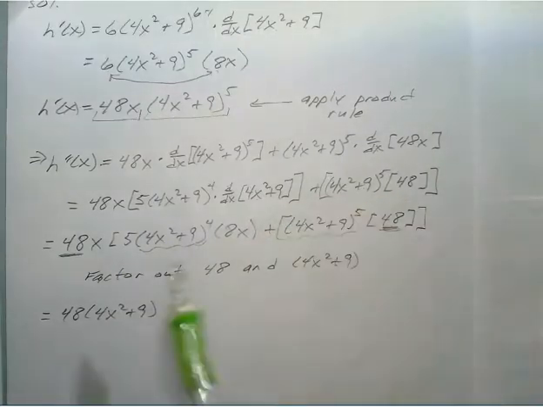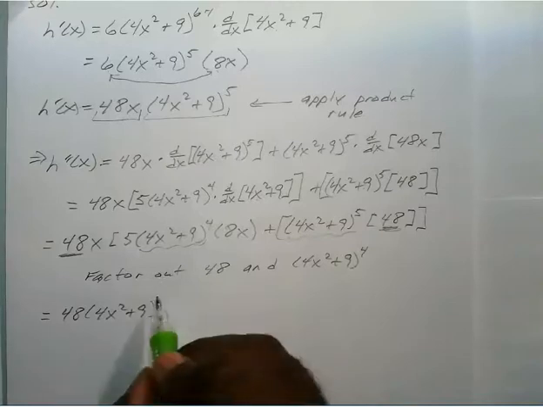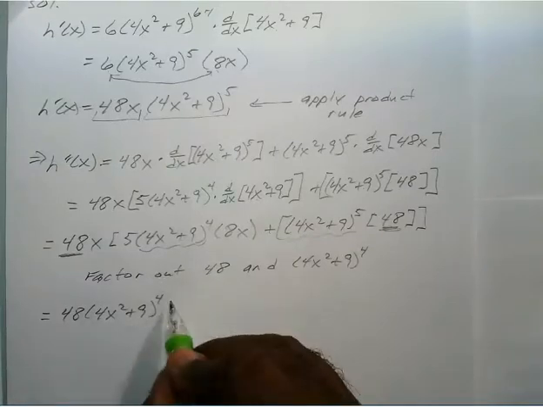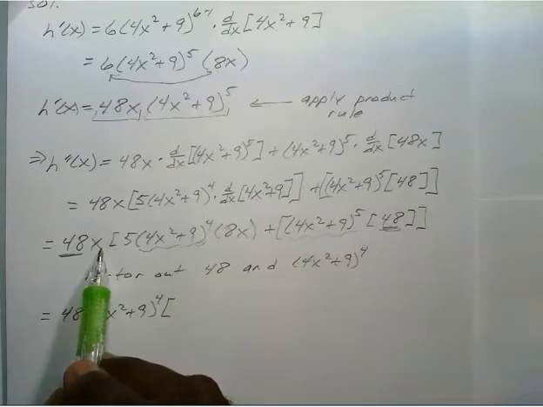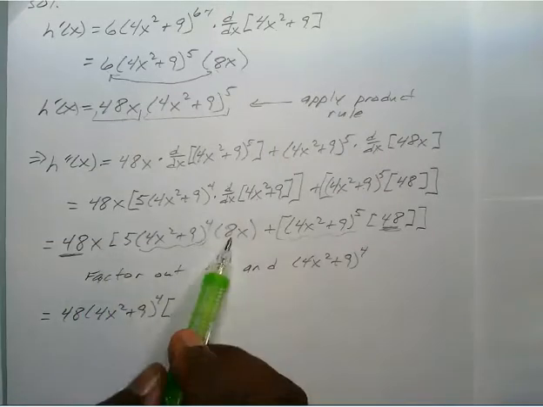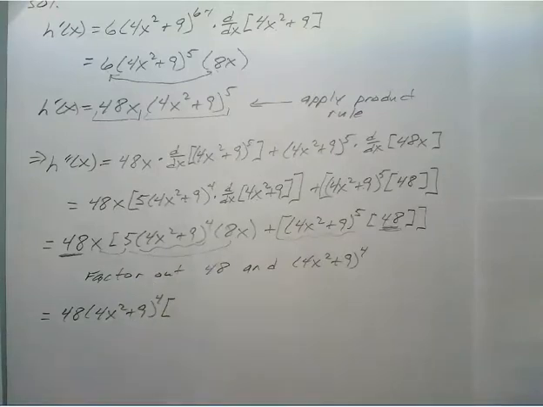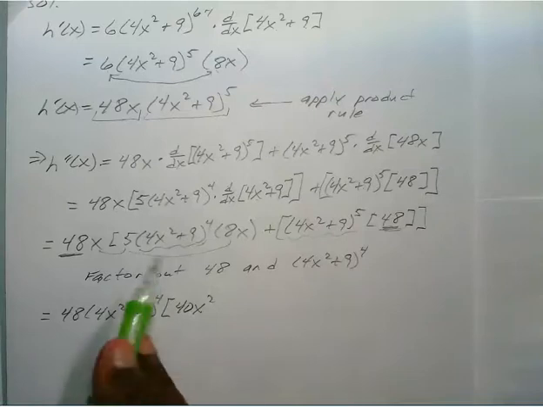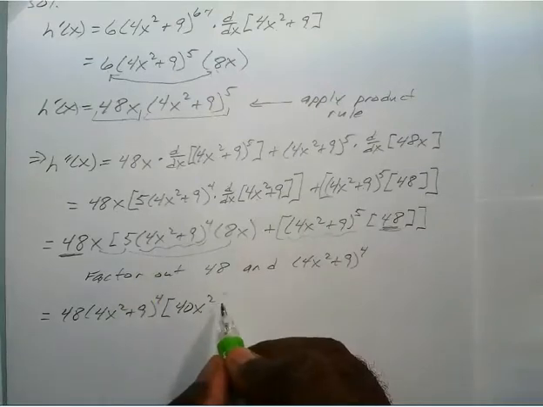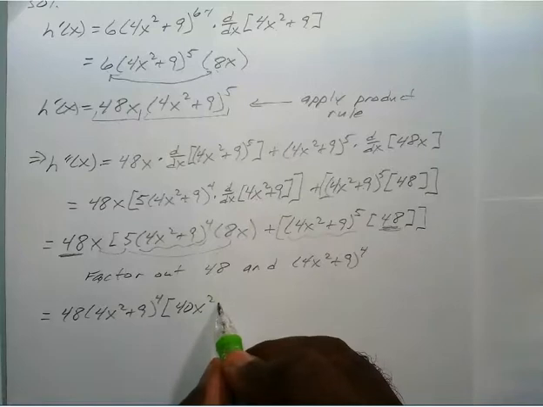Sorry about that, because that one's only 4 and that one's 5th, so we can only factor out a 4th. So 48 times (4x squared plus 9) to the 4th power times, here you have your x, 8x and 5. We're going to combine those three, which gives us 40x squared. So you have 40x squared times (4x squared plus 9).